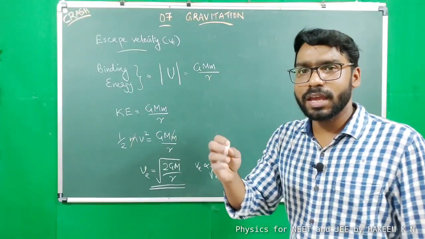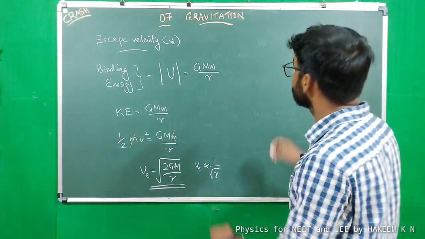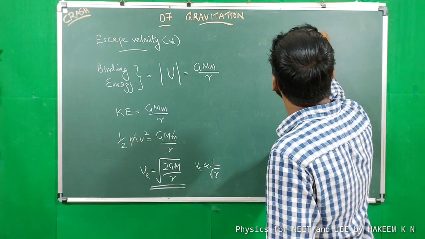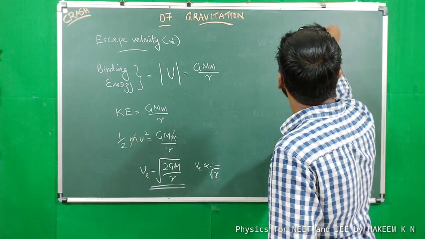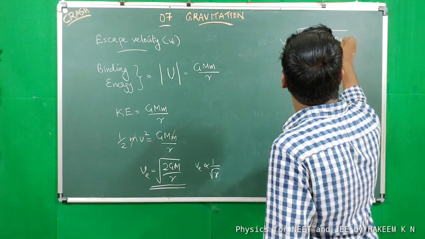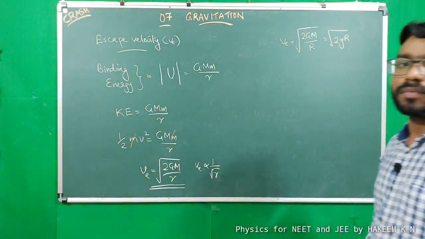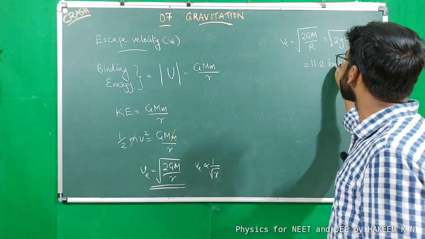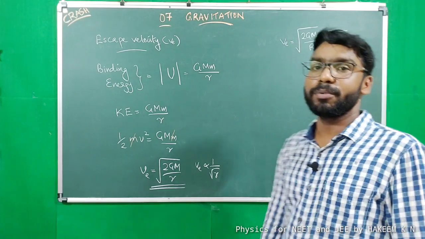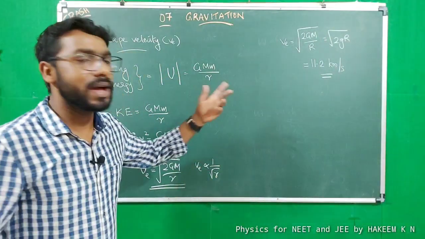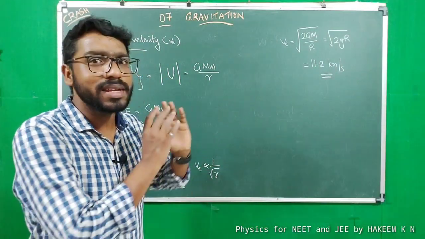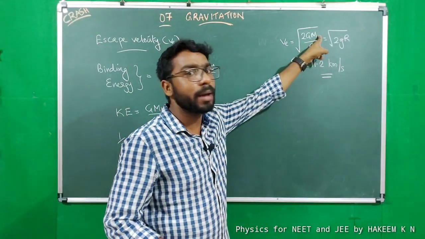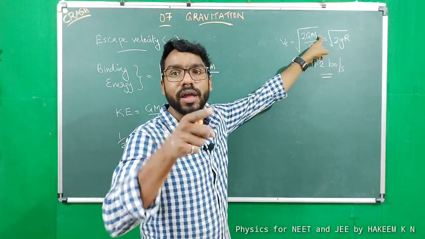To escape from the surface of earth, escape velocity should be equal to root of 2GM by capital R, that we will get as root of 2gR. By giving the value, we will get 11.2 kilometer per second, and it is independent of mass of the body. Here capital M is only here, no small m.